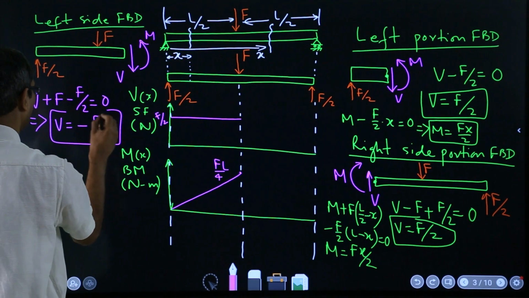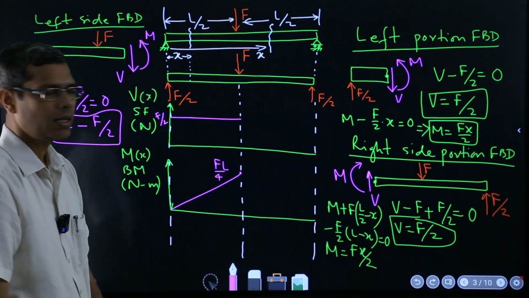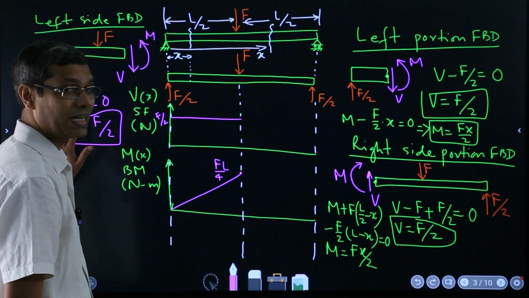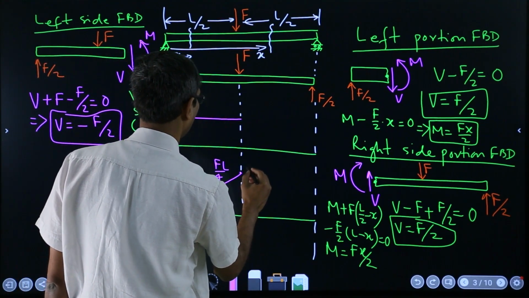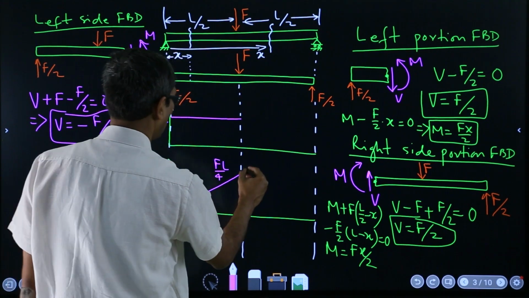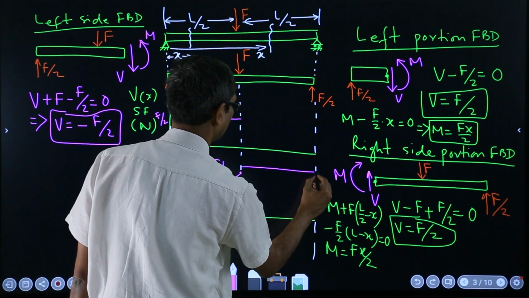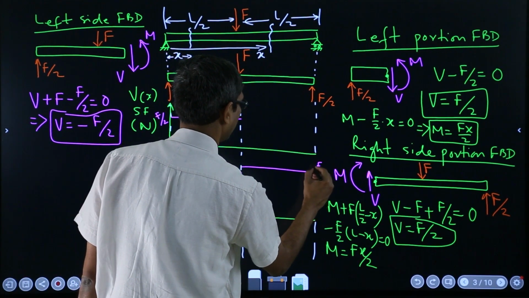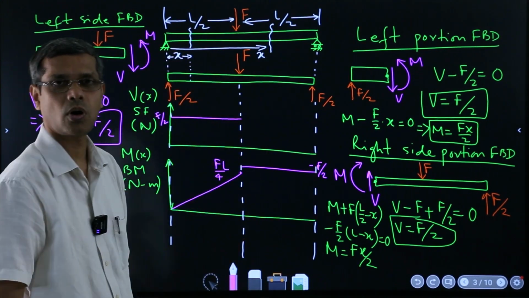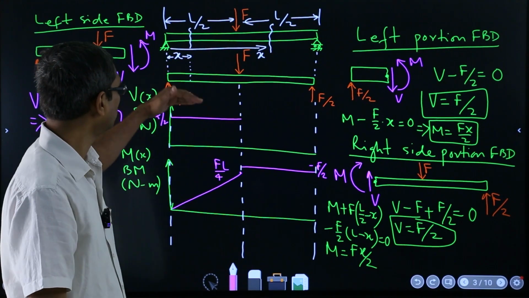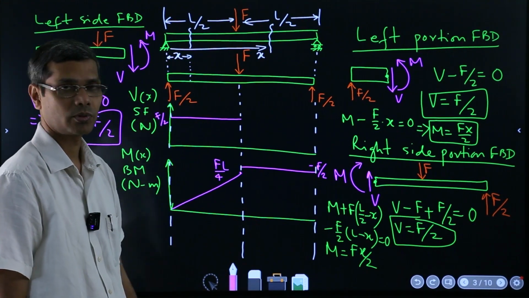So this is very important. See this? So you have got now a negative value, so that means here it was positive, so here you should have actually, yeah, I don't have space here, I am just squeezing it here. So this is, you know, minus F over 2. So these important values you should always show them on your shear force and bending moment diagrams, okay.